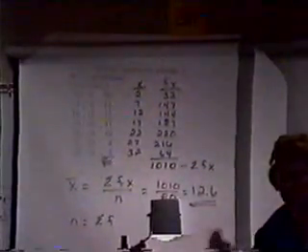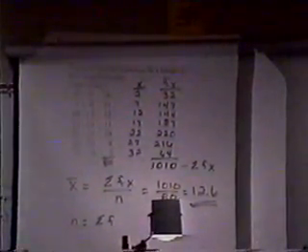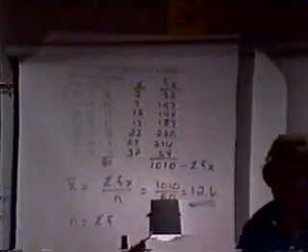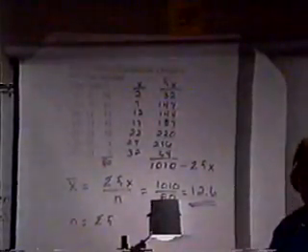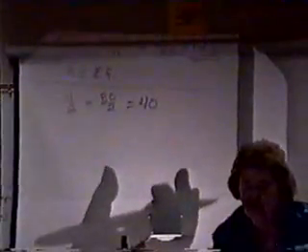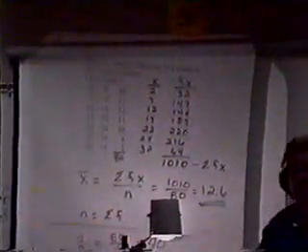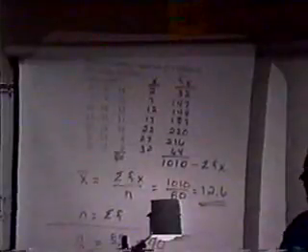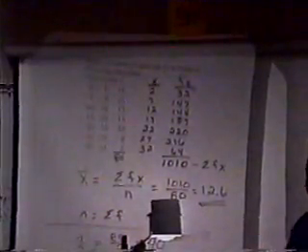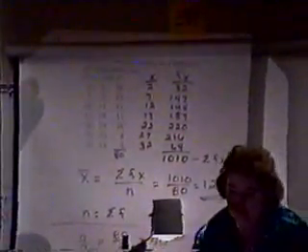I can use this to find a median for this group right here. First step, to find the median class, is to take n divided by 2. So for this group, n divided by 2 is 80 divided by 2, which is 40. It says look down the cumulative frequency to find the first group that has 40 or above.